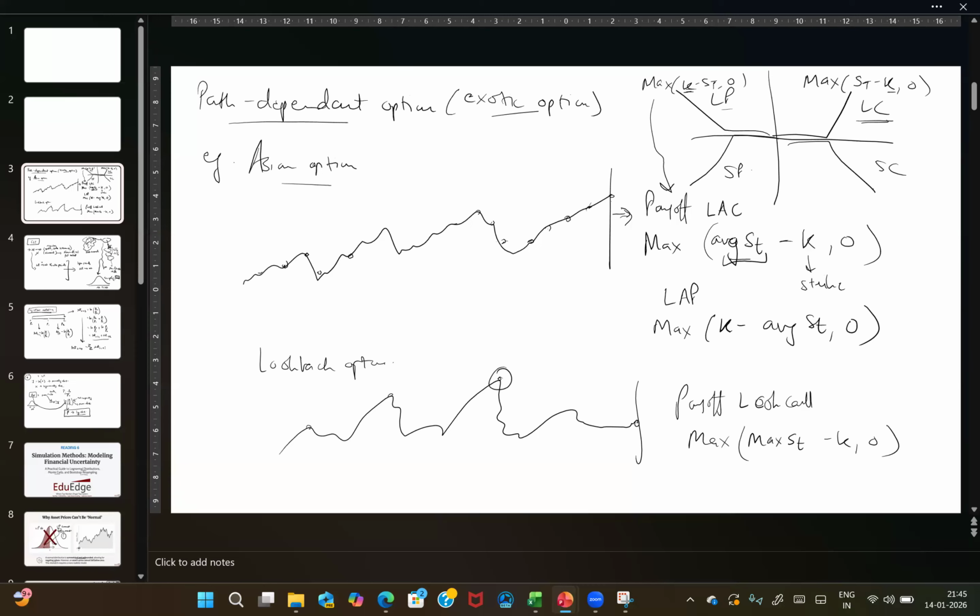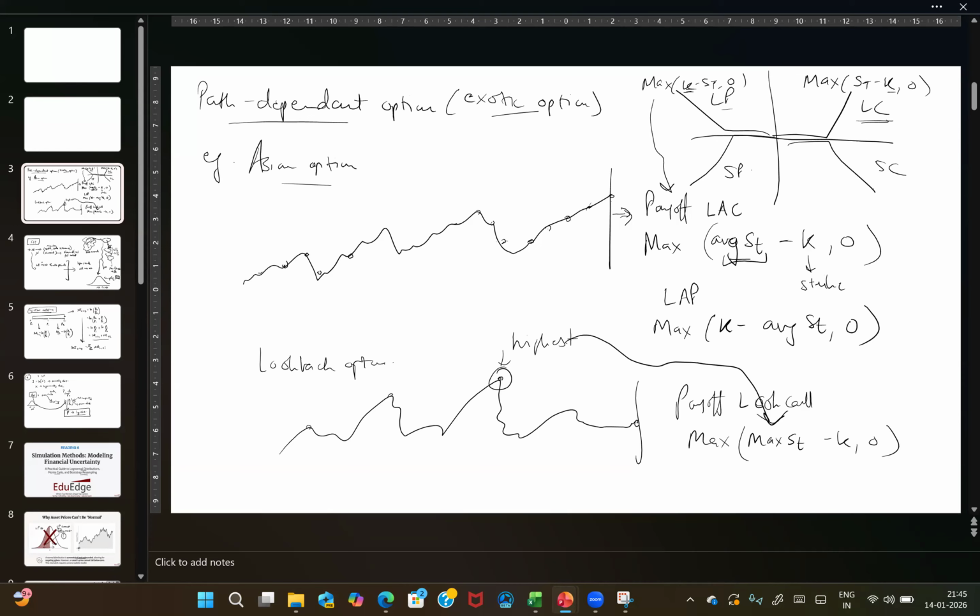It will choose the peak which is the highest, and it will choose that as the price in the payoff. So this is the example of a lookback call option, which takes the maximum or the highest value of the realized asset price over a given period.